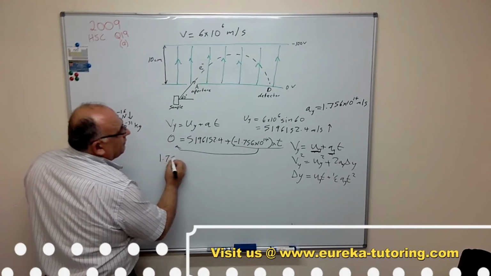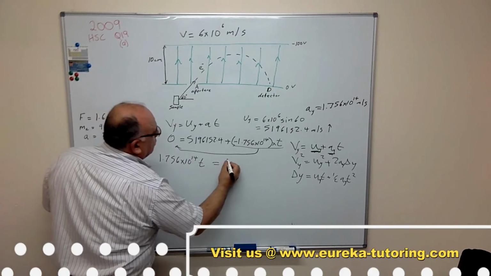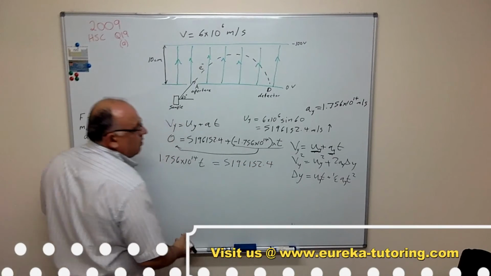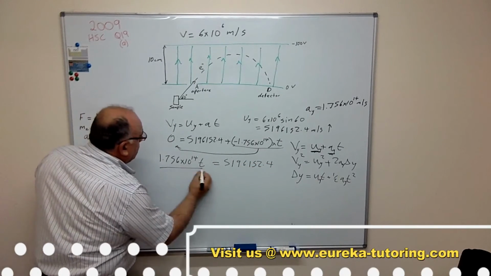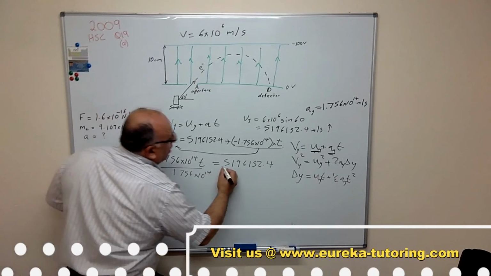So I get 1.756 times 10 to the 14 t is equal to 5196152.4. I divide both sides by 1.756 times 10 to the 14.